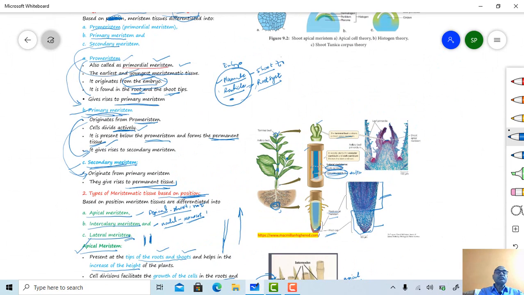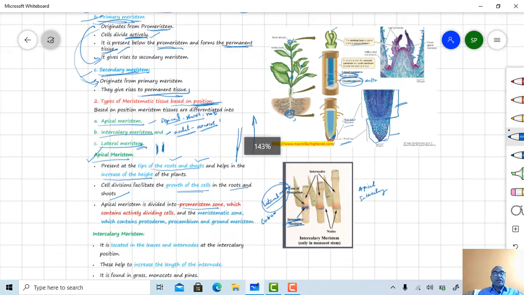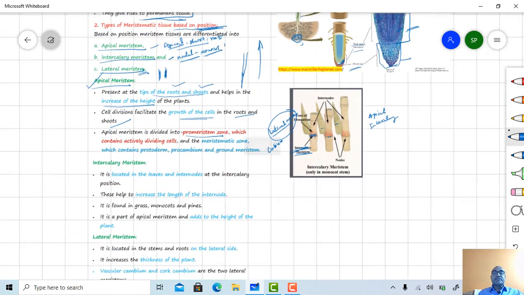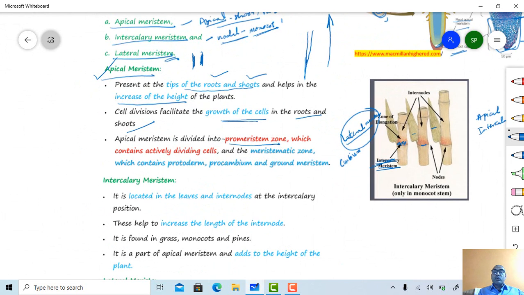So the apical meristem region consists of the promeristem zone, which contains actively dividing cells, and the meristematic zone, which contains the protoderm, procambium, and ground meristem. We will see about the protoderm, procambium, and ground meristem later on.